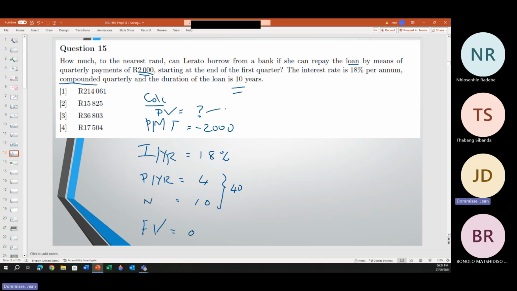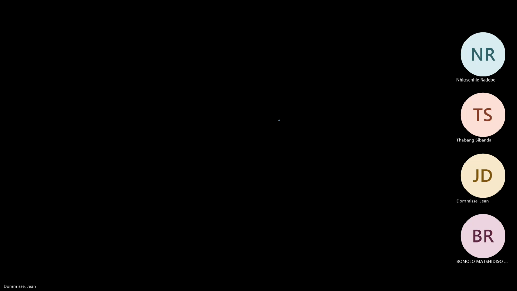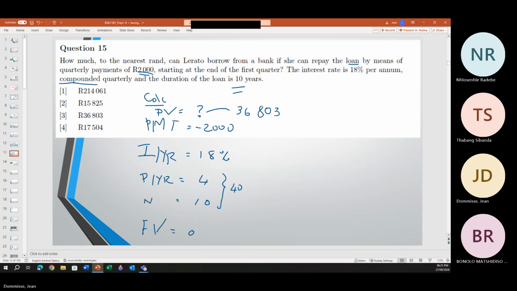Then what I work out is that the present value is 36,803. And if we work out the future value, it's 214,061.